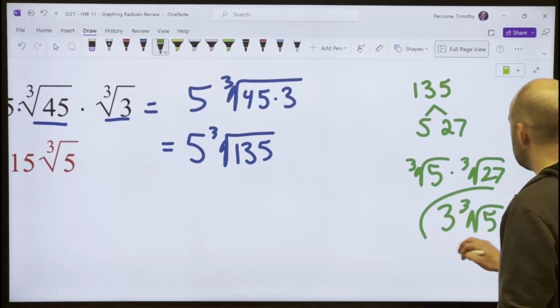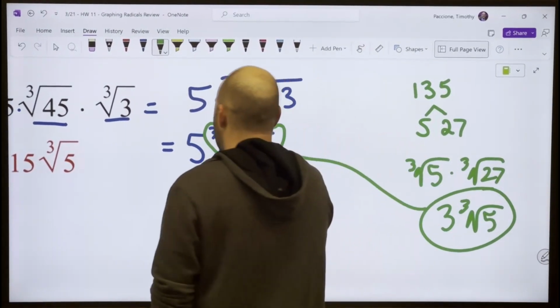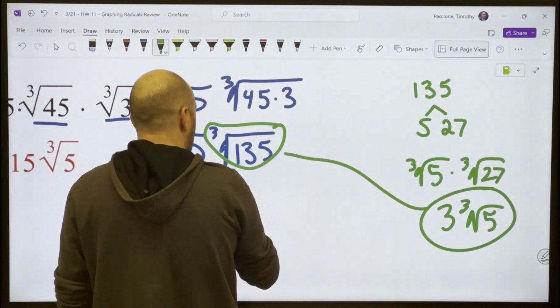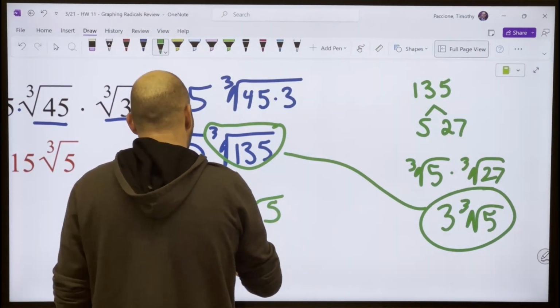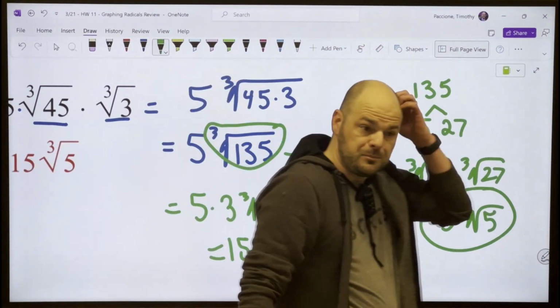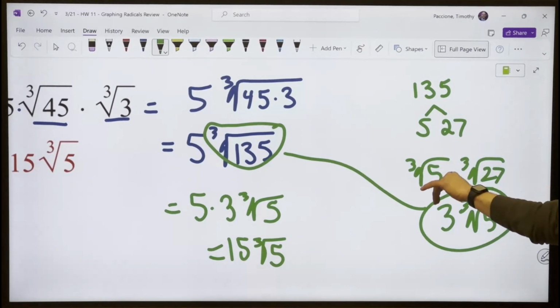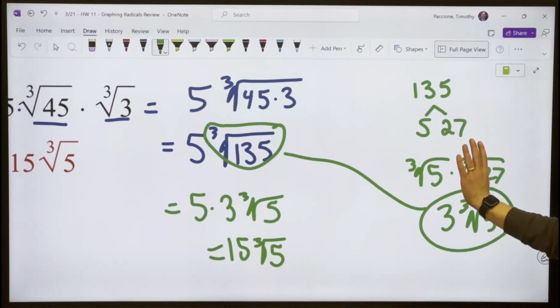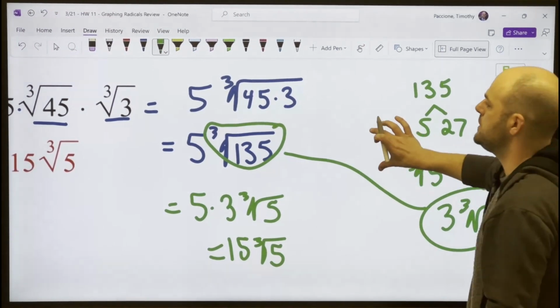So this replaces this, and I end up with 5 times 3 times the third root of 5, or 15 third root of 5. Okay? If you wanted to, you could have continued to break this down, and you would have got 5, 3, 3, 3. Keep 1, 3, get rid of 2. Same process. Okay? All right, next up.